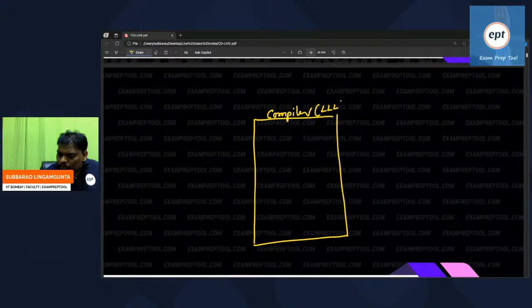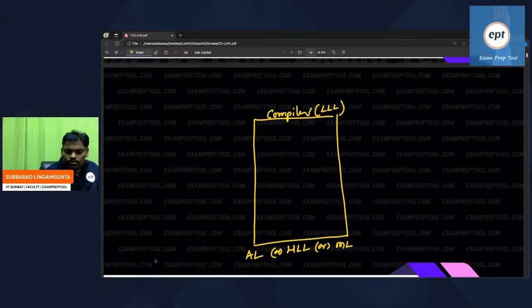Compiler will take low-level language as input and it will produce high-level language as output, or machine language or assembly language as output. Write down this: compiler will take high-level language as input. It will produce low-level language as output.